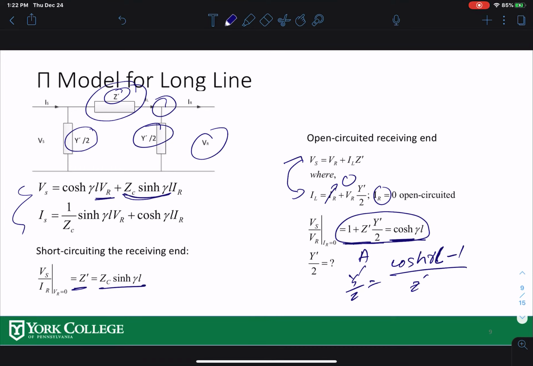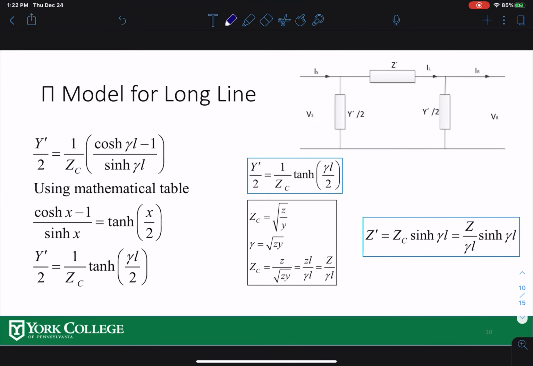Now, if you do some manipulation with the trigonometry, that will come down to this equation over here. So that's your Y prime over 2, and Z prime is Zc sine hyperbolic gamma L, which can also be written as this one using this manipulation. So these are the two parameters on your line, Z prime and Y prime over 2.